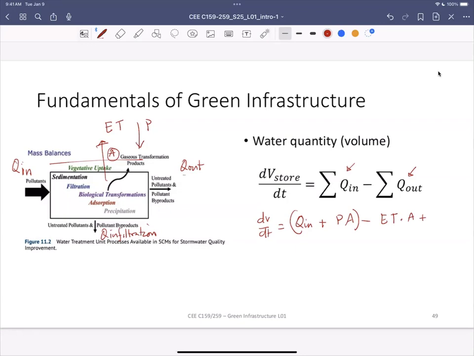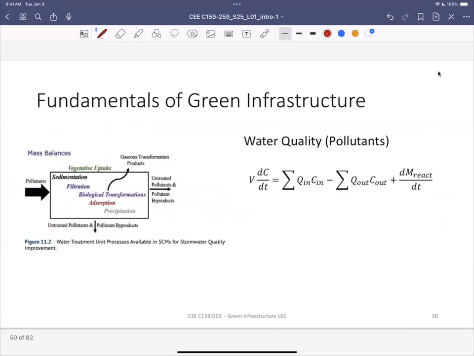Then water that leaves the system as runoff, that's Q out, and also Q infiltration. If you account for all those things, you will be able to calculate how much water volume you capture on certain days, months or years. This is just an example to show how you can use these equations to calculate the volumes, and we will use that from time to time.